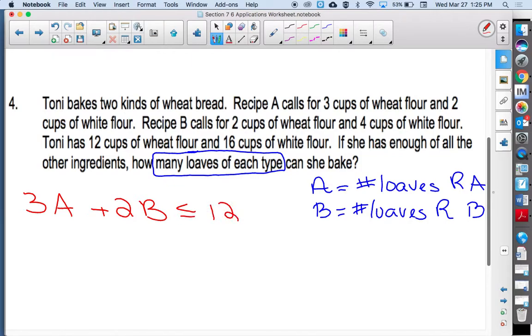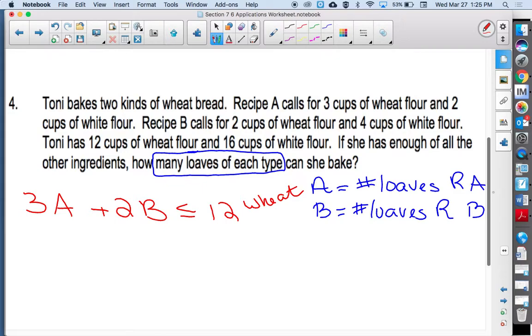So even though you're not using a W variable, this whole inequality still represents wheat because all of the values correlate with the wheat information. The A variable says I need 3 cups of wheat for A. The 2 means I have 2 cups of wheat for B. The 12 is the restriction on the cups of wheat.